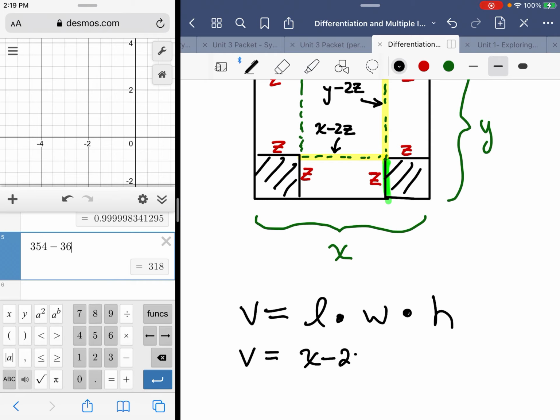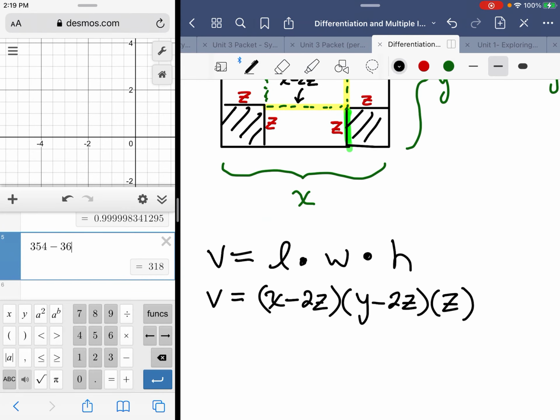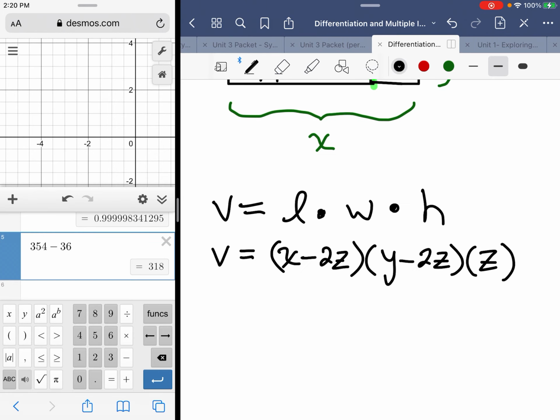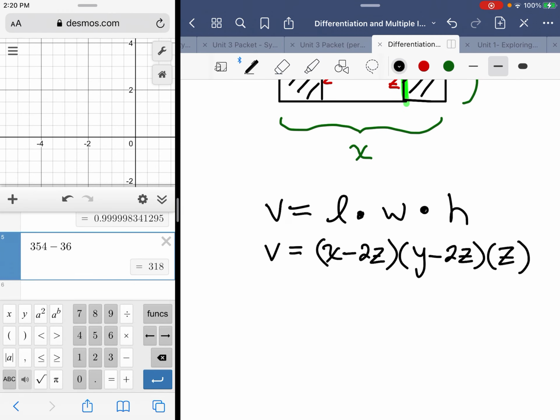We're going to say x minus 2z, y minus 2z, and h would just be z. All right, so this is v of x, y, z, which would be a function of 3 variables. But we do have a relationship that allows us to pare this down. All right, so I can write it as v of x, y, z now, but I'm going to streamline it in a second.